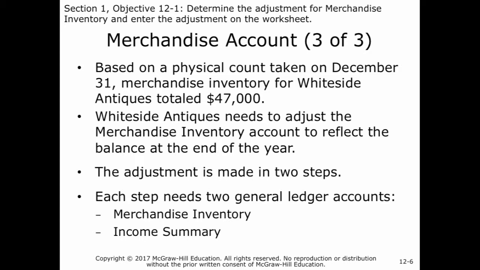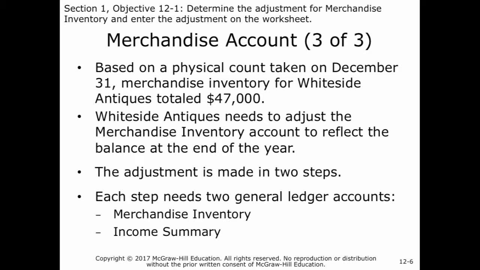Then for step 2, once we determine how much merchandise is on hand, we need to record the transaction for that balance, and the inventory is placed on the books by debiting the merchandise inventory and crediting the income summary account.